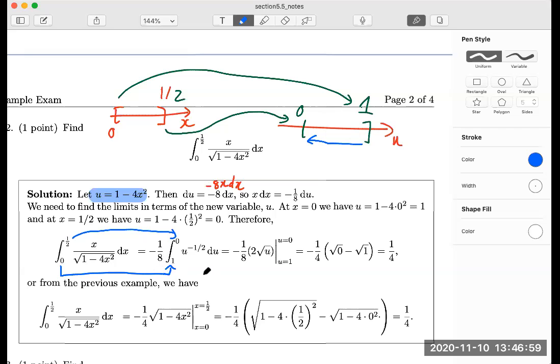Then the same story. We find the antiderivative of this guy, which is negative 1/8 times 2 square root of u, with u running from 1 to 0.